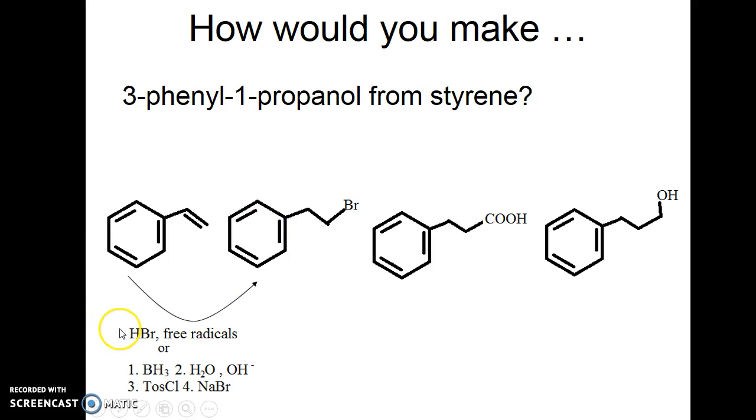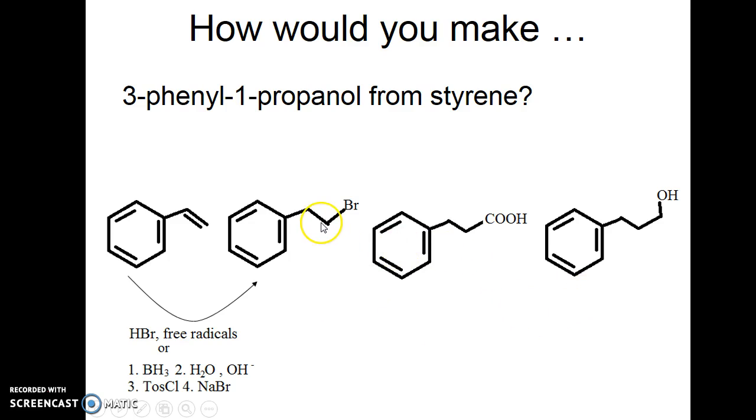But if you couldn't recall that, what could you do? You could use borane and, oh, we're missing a 2 right here for the peroxide. But use borane followed by hydrogen peroxide and hydroxide. And then when you're through with that, you could tosylate it and use sodium bromide to do an SN2. So either hydrobromic acid and free radicals or the more lengthy route.